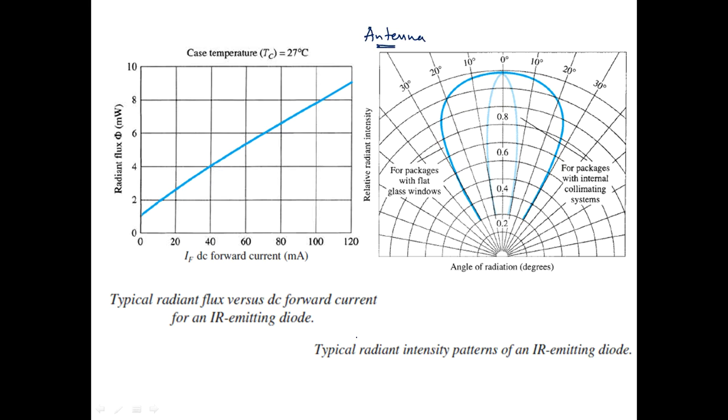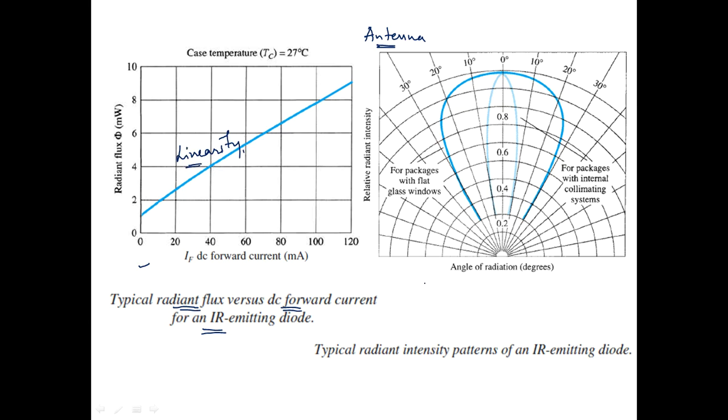But just to state a point, the first diagram is the typical radiant flux versus DC forward current for an IR emitting diode, wherein it is very clearly observed that there is almost a linear relationship.